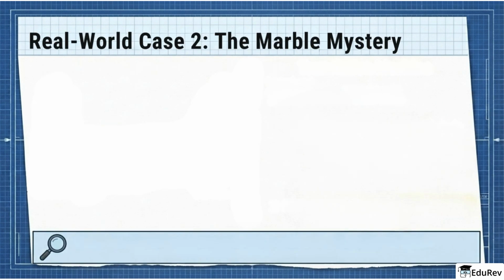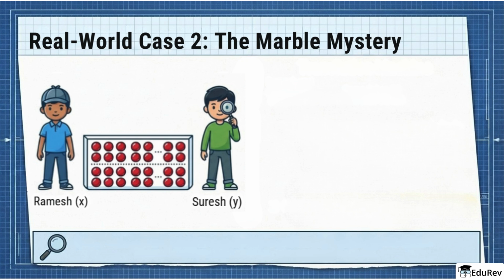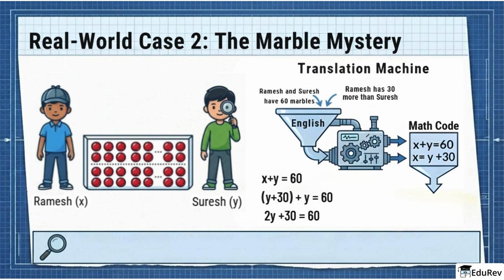Now let's look at another story. We have two people, Ramesh and Suresh. Together, they have 60 marbles. So we can write x plus y equals 60. Now the second clue says, Ramesh has 30 more marbles than Suresh.